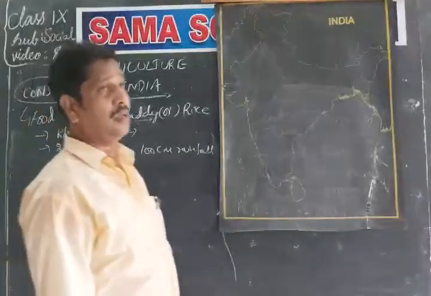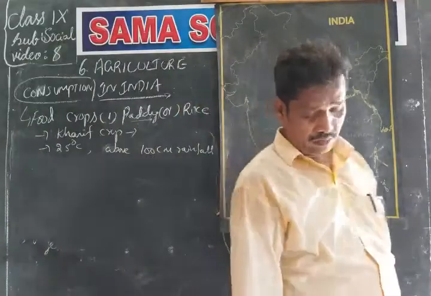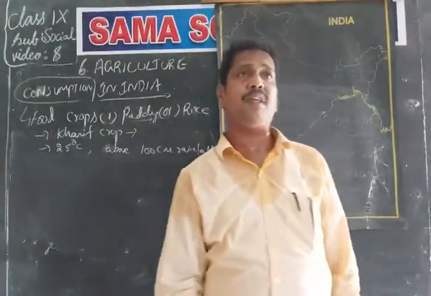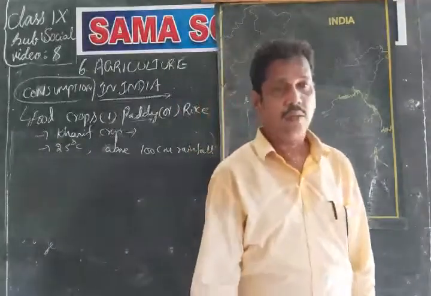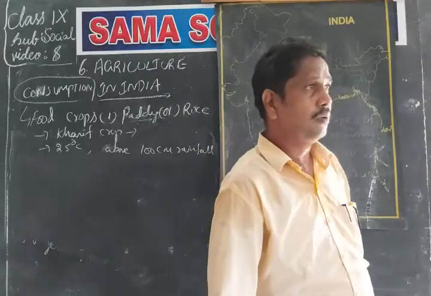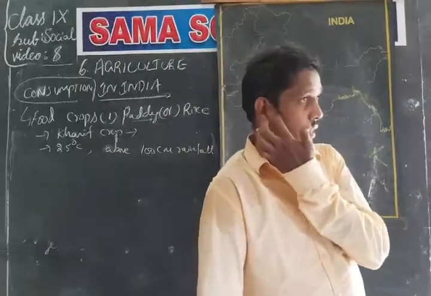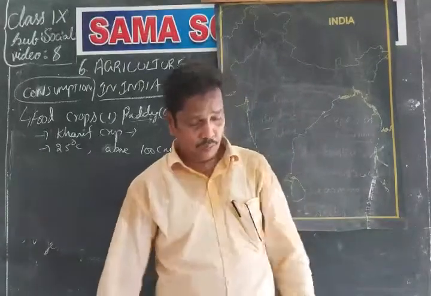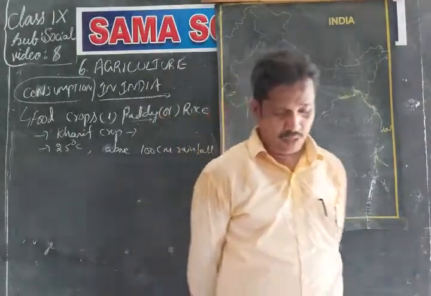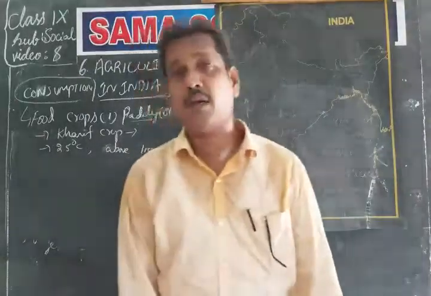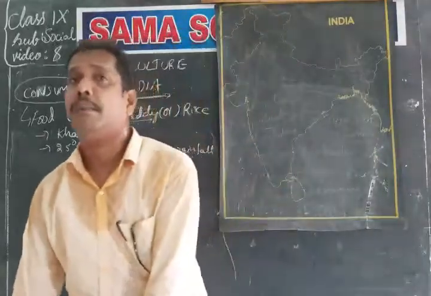So we require more than 2 crops. Why? Because of the increased population it is not possible to rear only 1 crop. We require more production for the increased population, so we are having 2 or more crops in different parts. Next to China, India is in second place in growing this paddy crop.